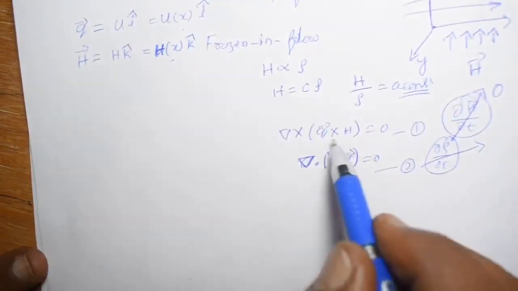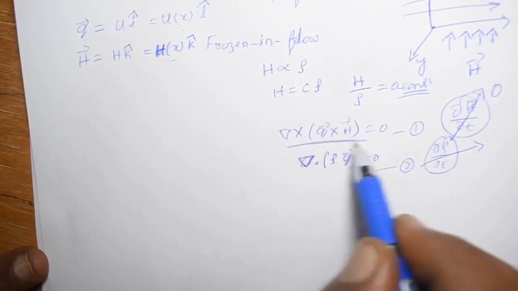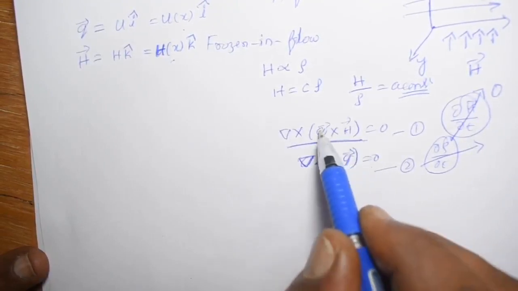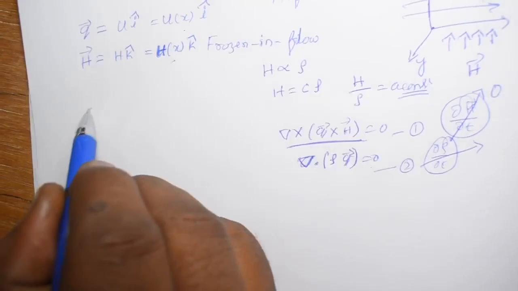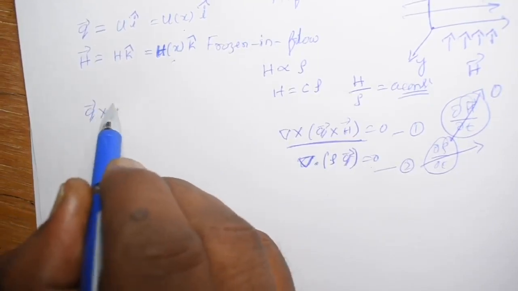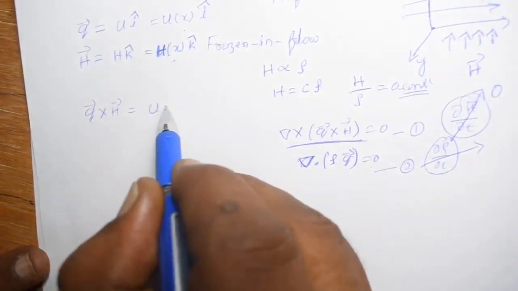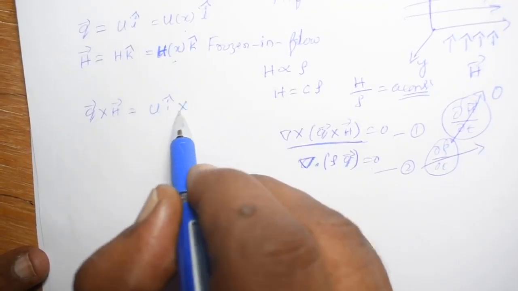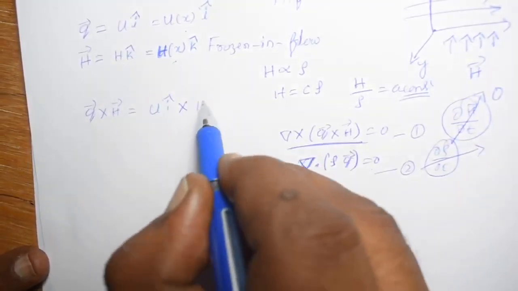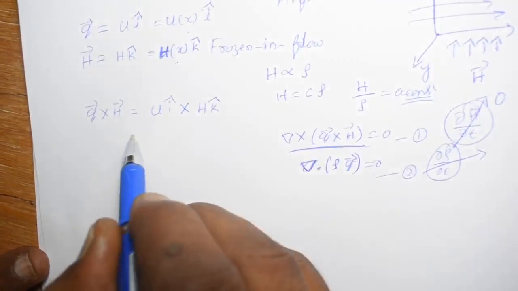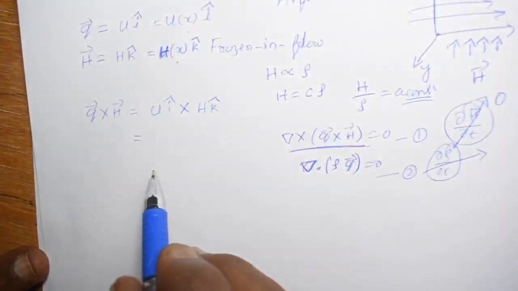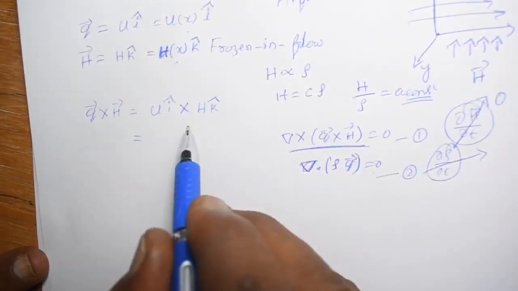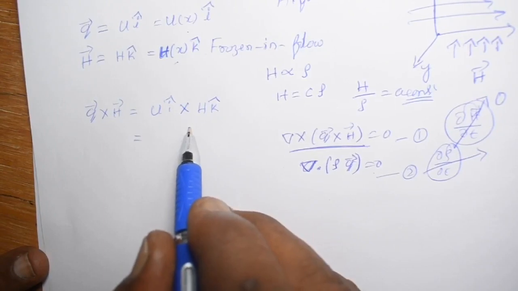Now, to solve this equation, you have to find Q cross H. Q cross H is equal to U i cross H k. There is only a single term in each vector, so I am not going to write it in the form of a determinant.